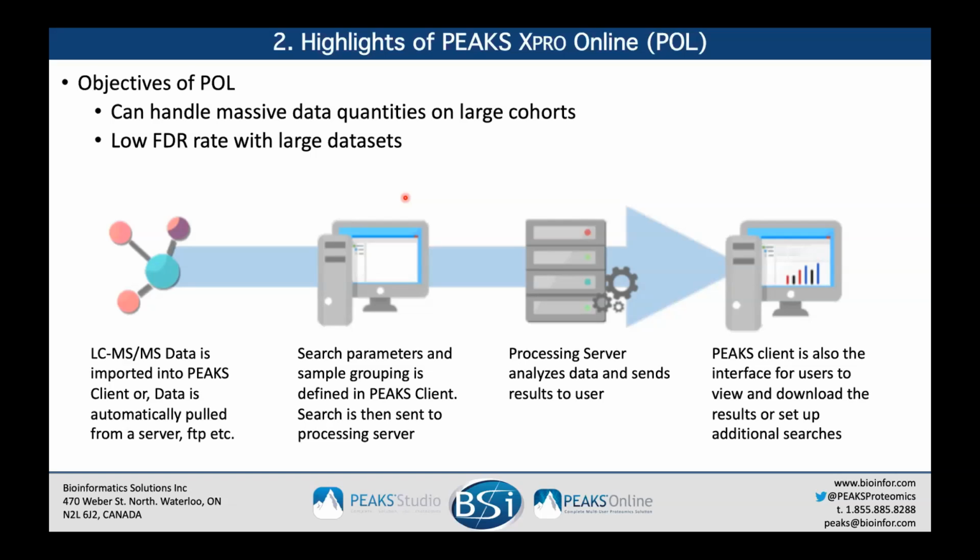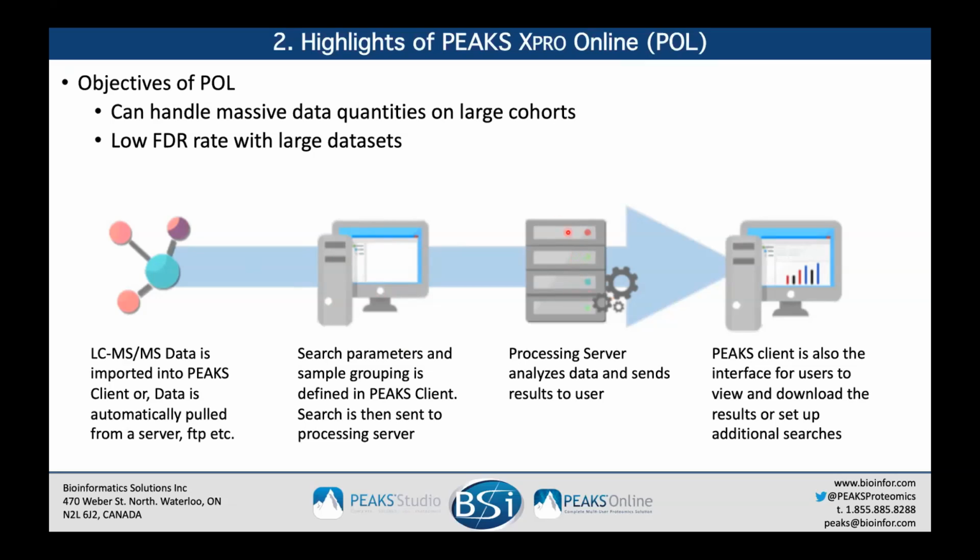And so the way Peaks Online really works is that the user interacts with the search engine through a client. And this client can either be command line or a web browser. And what happens is the data is imported right into the client, and you can set up all your parameters in that Peaks client, which then sends it to the processing server.